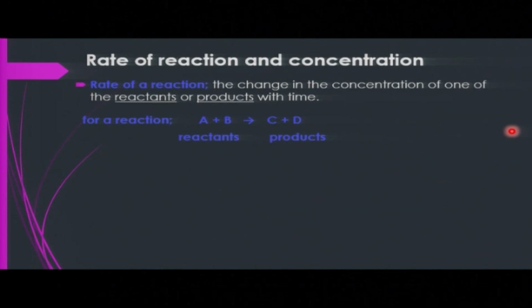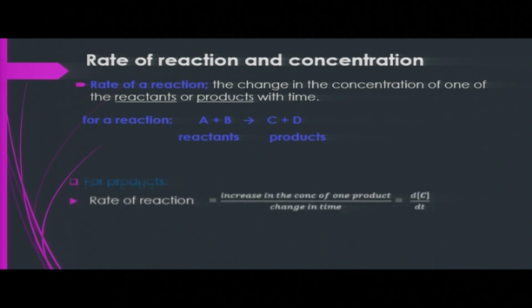Suppose we have that reaction, you have A, B giving C, D. This is a general one. We've already looked at some examples of reactions before, like zinc and HCl or calcium carbonate and HCl giving different products. So here we are giving a general sum. From this general sum, we can get the general methods to apply in getting that quantitative number relating to the rate of a reaction.